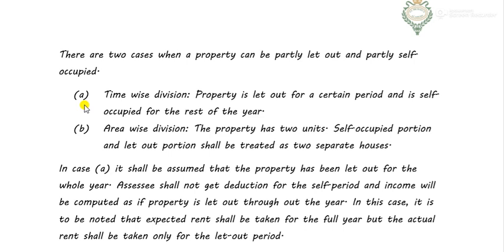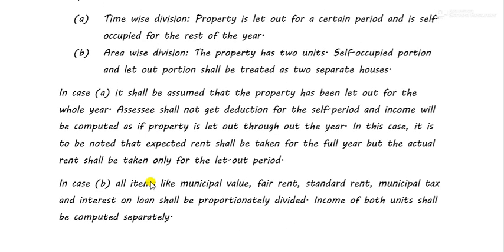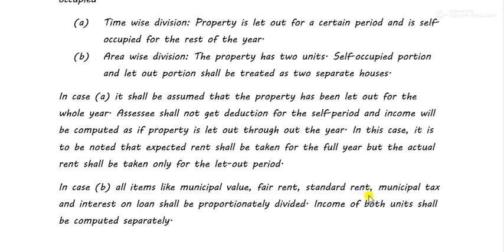So in this case, what happens? We'll come to case A later. In case B, all items like municipal value, fair rent, standard rent, municipal taxes and interest on loan, all items 1, 2, 3, 4, 5, shall be proportionately divided. Before starting the problem, what do we have to do?